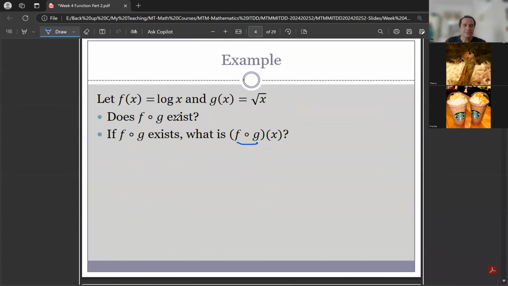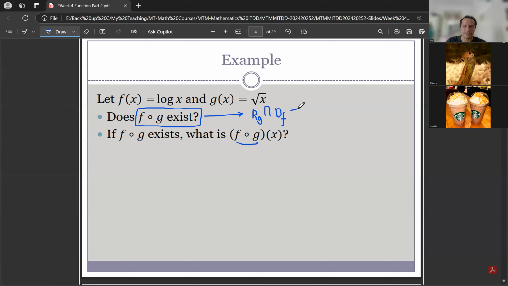So to answer this question, we must prove that the intersection of R_g with D_f is not the empty set.